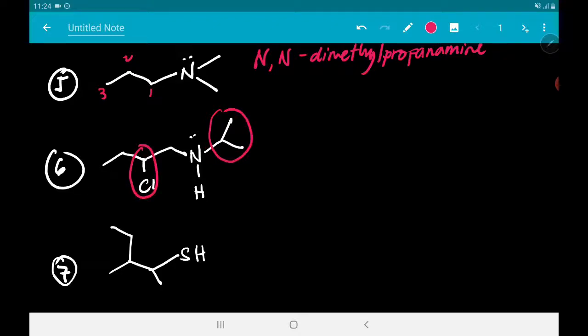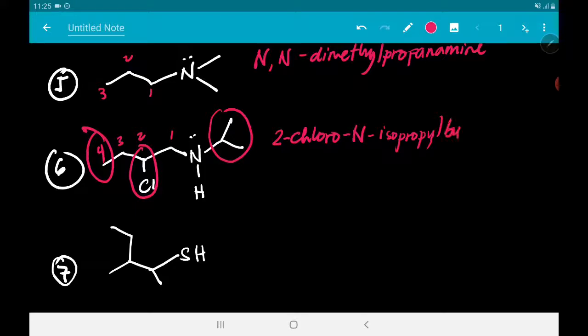Okay, mga substituents. So mauna si chloro. 1, 2, 3, 4. This is the longest chain. So this is 2 chloro and isopropyl. Okay, 4 again, butanamine. Okay, because this is an amine.